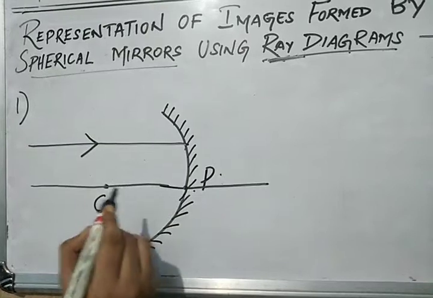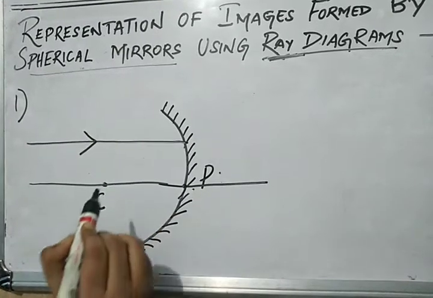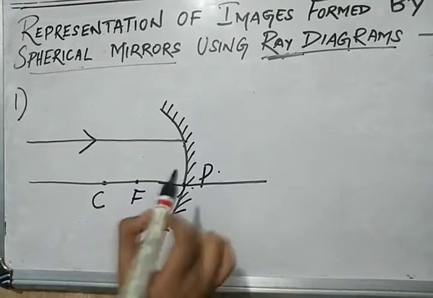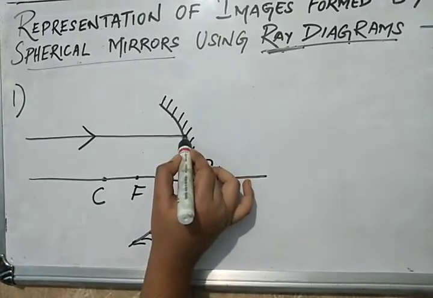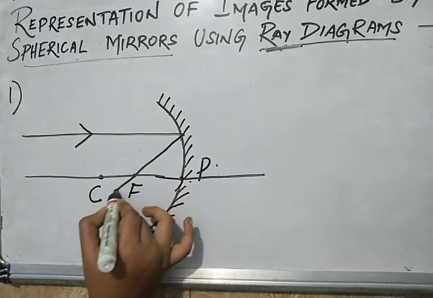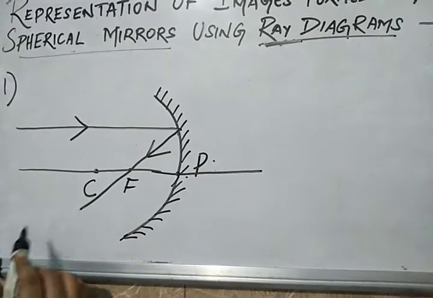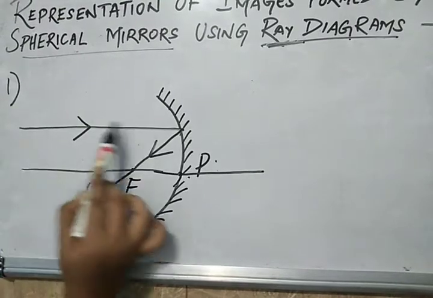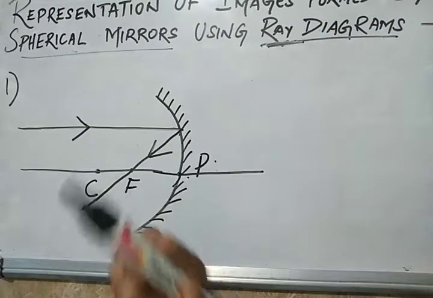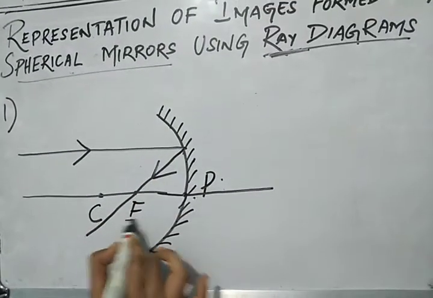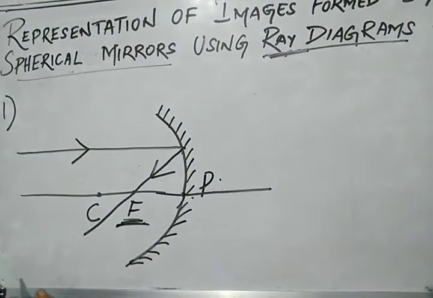So after reflection, this is my principal focus. After reflection, it will pass through the principal focus of the concave mirror. A ray parallel to the principal axis after reflection will pass through the principal focus of the spherical mirror.